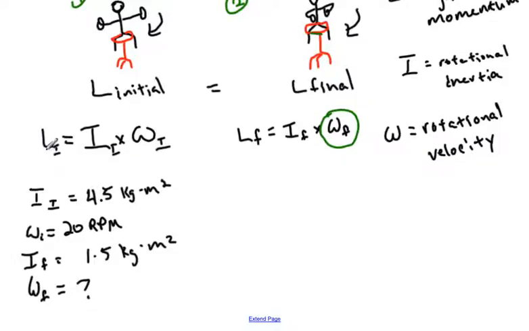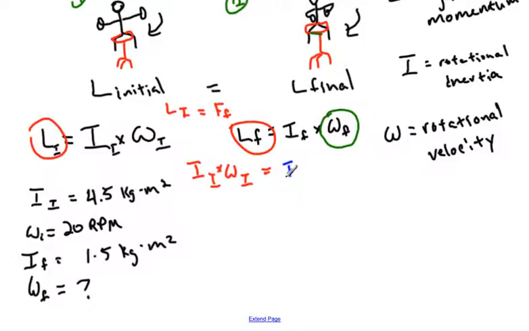If Li is equal to this, and Lf is equal to that, here I'm saying Li is equal to Lf. So I can say the initial rotational inertia times the initial rotational velocity is equal to the final inertia and final rotational velocity, right?